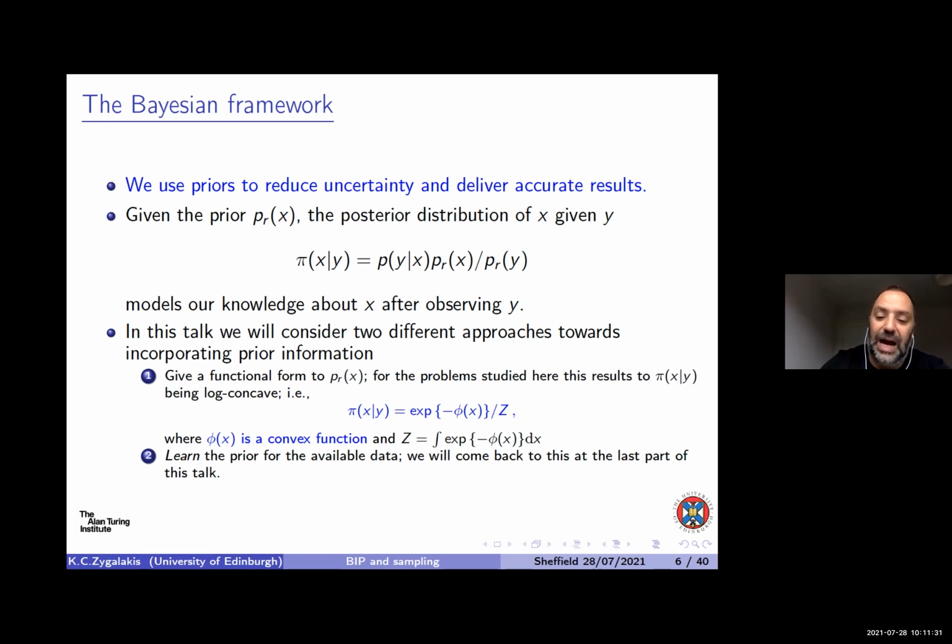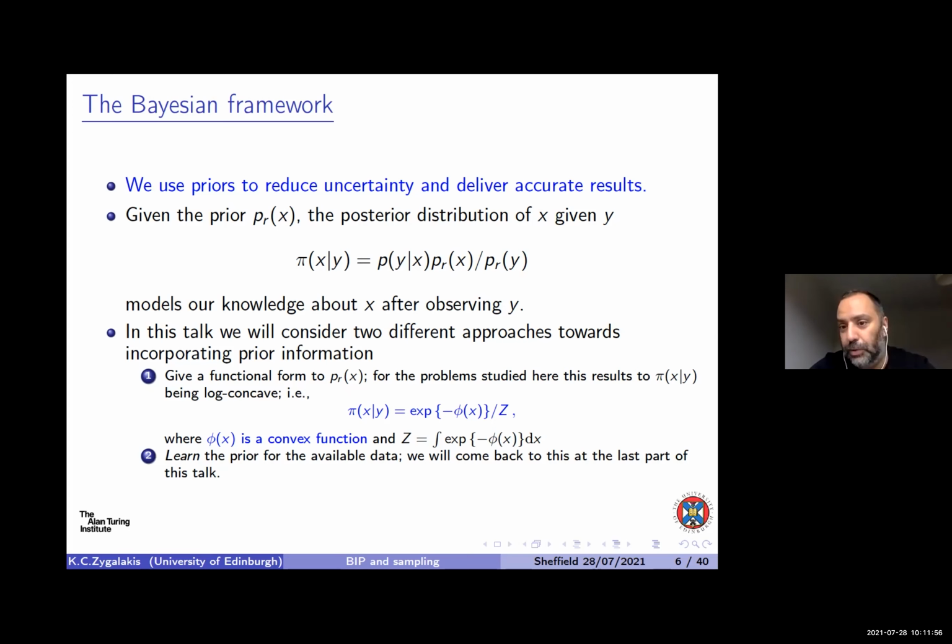In principle that's a function of x and y, but I have suppressed the dependence on y. The important thing, which is very useful in terms of algorithms, is that this function phi of x is convex, or strongly convex, and this will be quite helpful when it comes to designing algorithms. So that's the first approach.